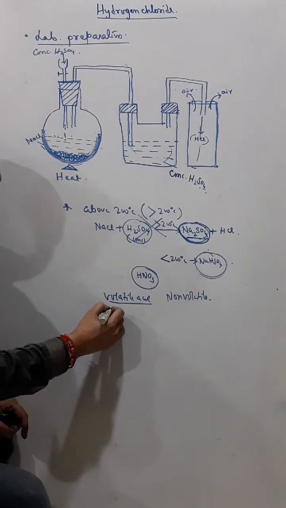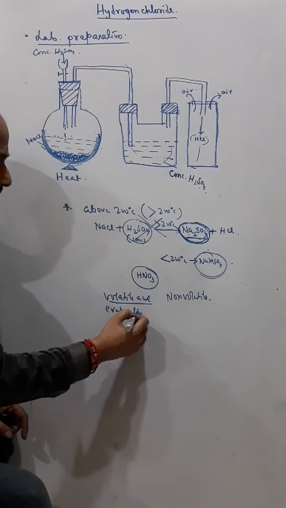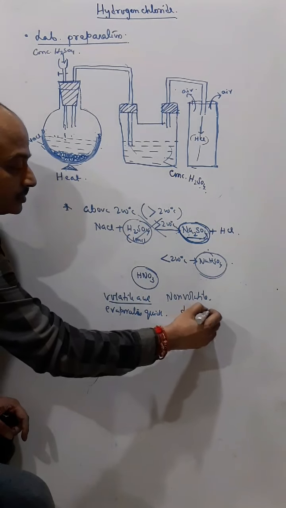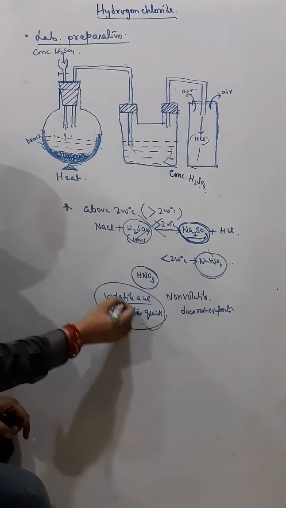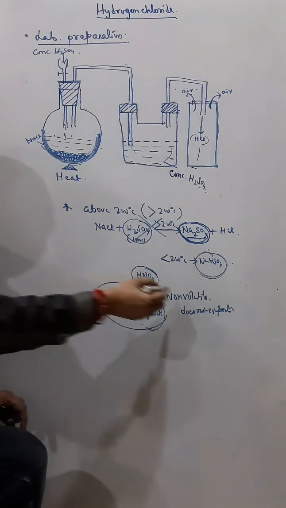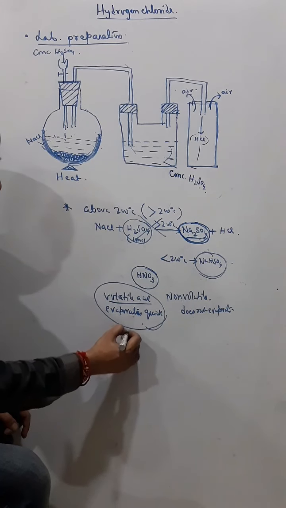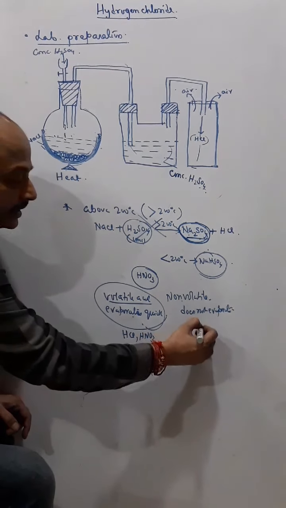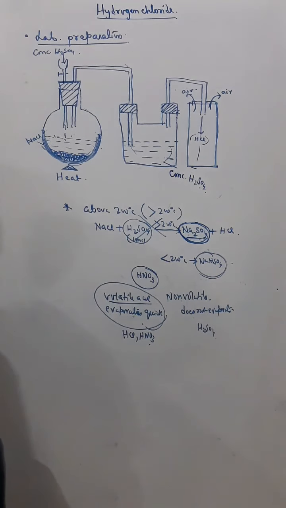Volatile means it evaporates very quickly, so it fumes. Volatile acid means when you open the mouth of the bottle, it fumes and evaporates, and non-volatile acid does not. Of the common mineral acids we know, HCl and HNO3 are volatile acids, and H2SO4 is a non-volatile acid.